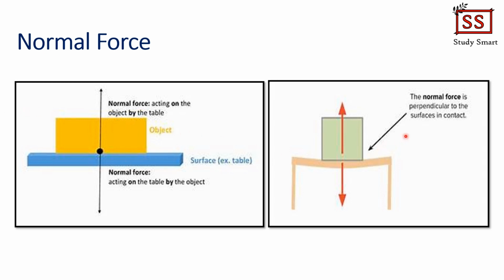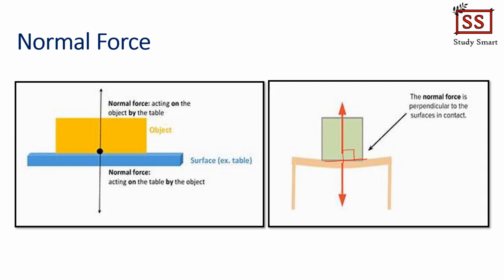There's one thing to take note: the normal force will be perpendicular to the surface in contact. What does it mean by perpendicular? Perpendicular means it should be 90 degrees to the surface in contact.